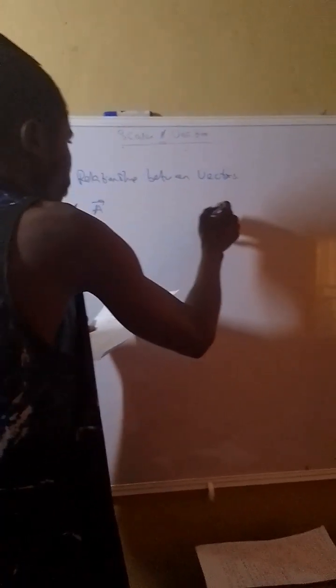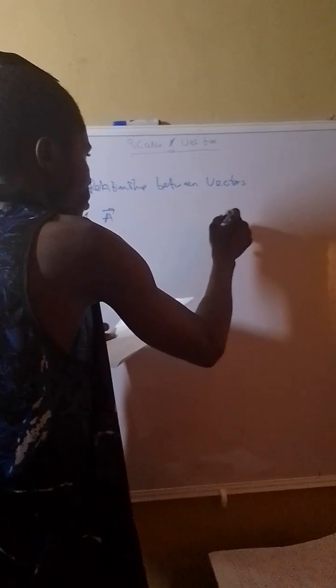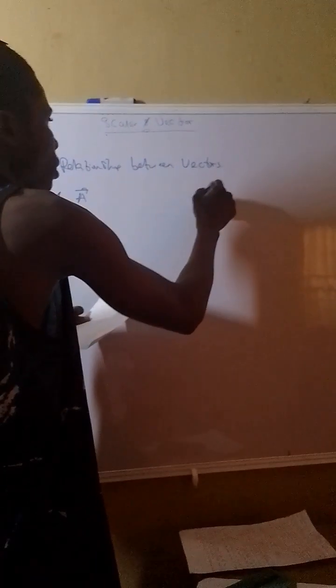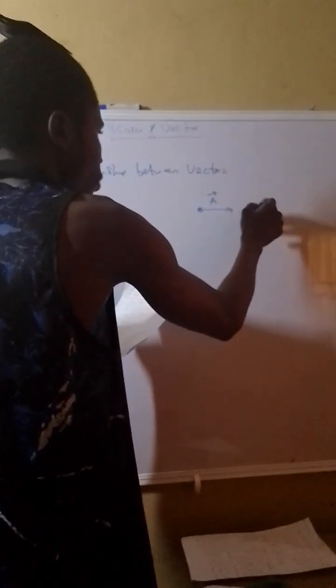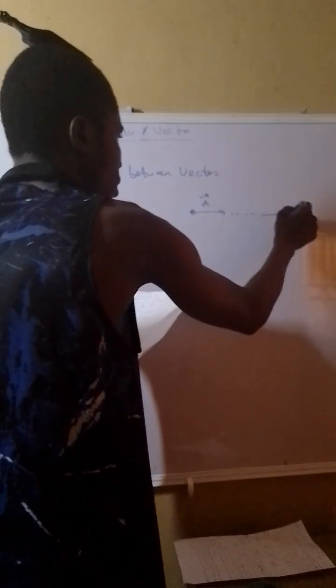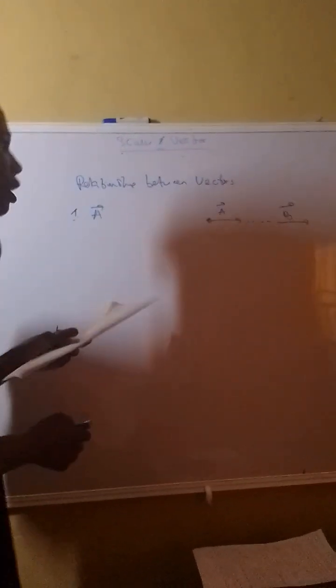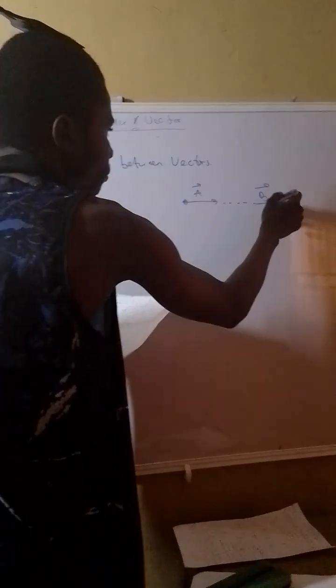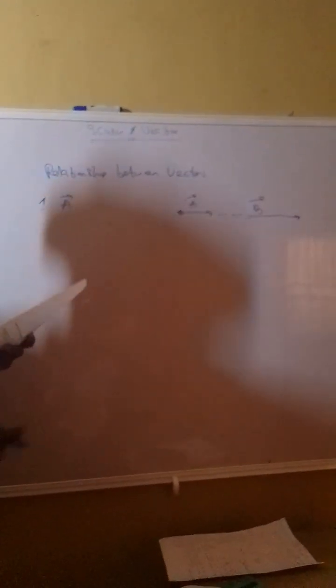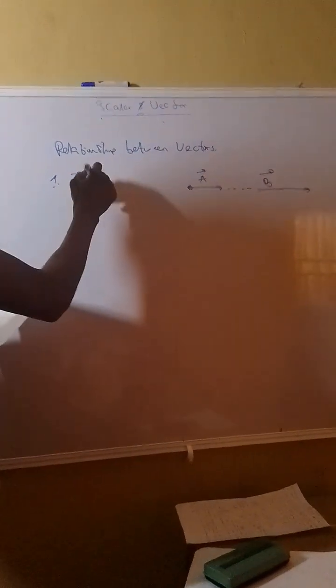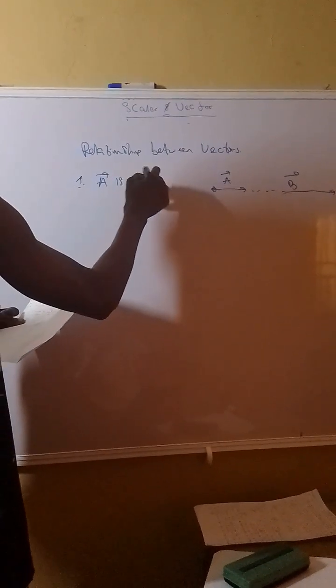Let's say you have a vector like this, vector A, and you have a vector moving like this, vector B. Now if you look at this, guys, let me make this longer. If you look at it, we can easily know that vector A is parallel to vector B. Parallel lines.